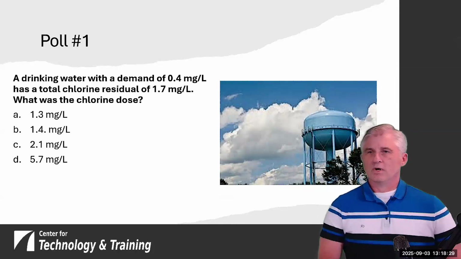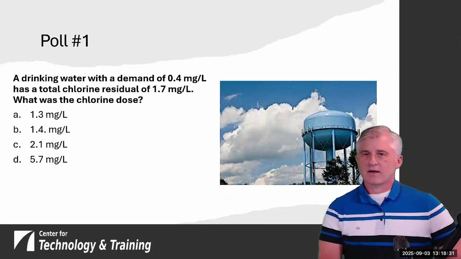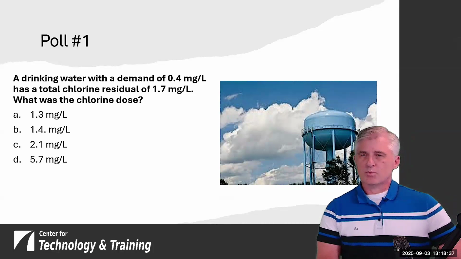All right, so the responses we have are 2.1 at 80%, 1.3 at 12%, 1.4 at 7%, and then 1% for D, 5.7. So let's go through this.